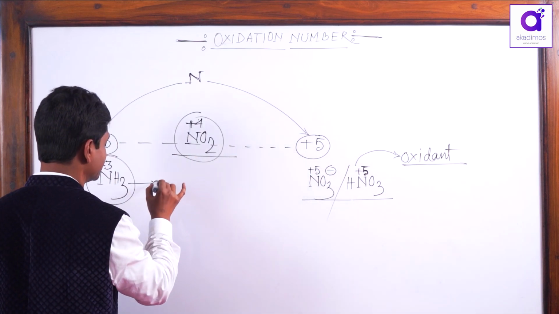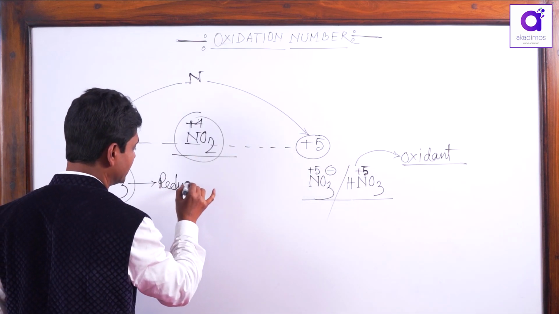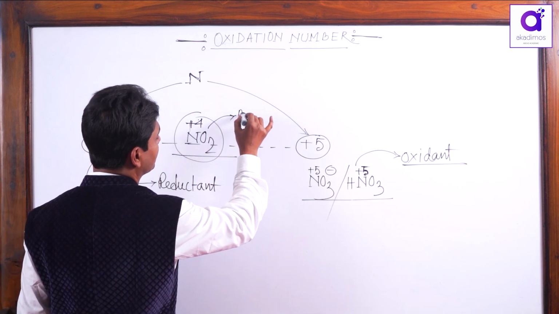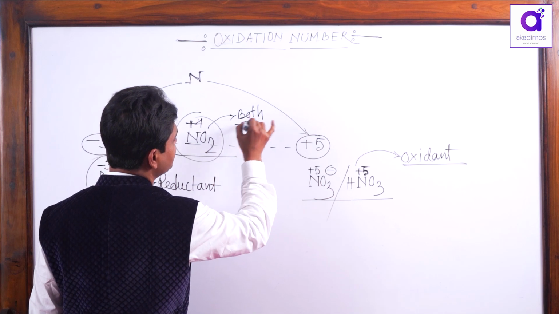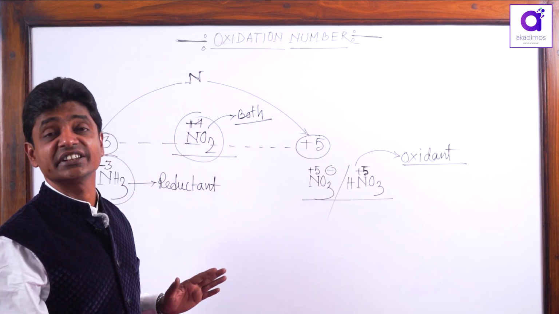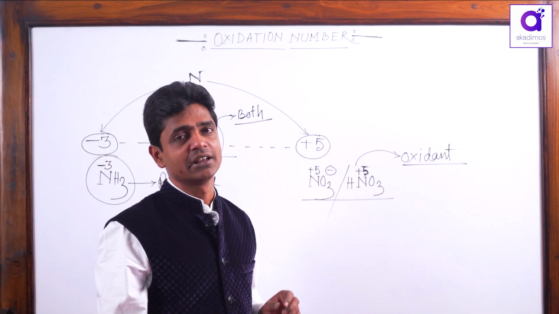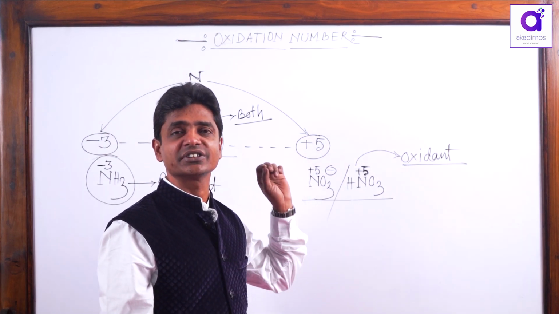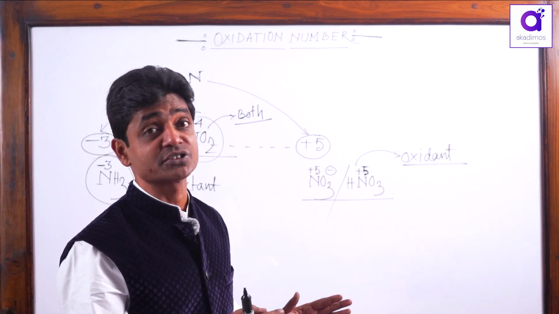This is reducing agent or reductant only. But this one is both. It will act as both oxidizing agent as well as reducing agent, since in any reaction, nitrogen +4 of NO2 may decrease to 0 or -3 or may increase to +5.